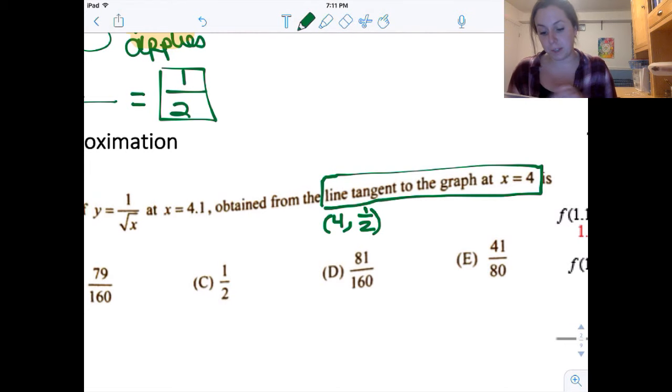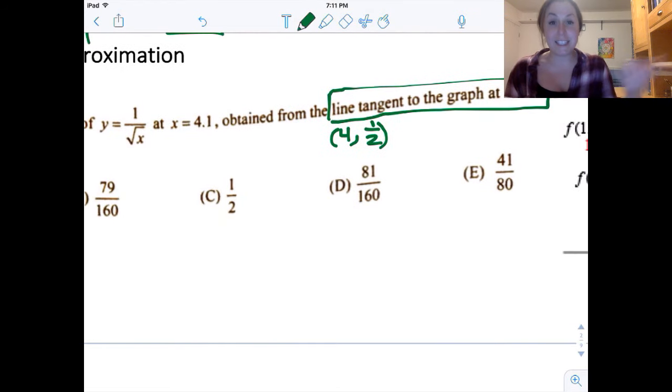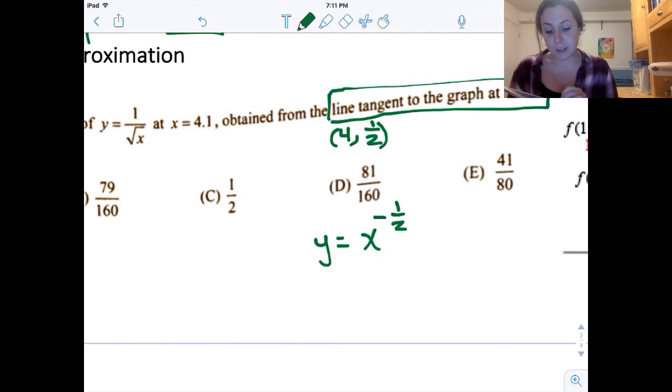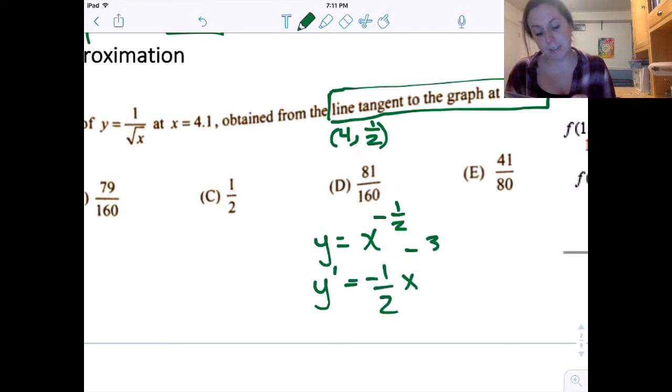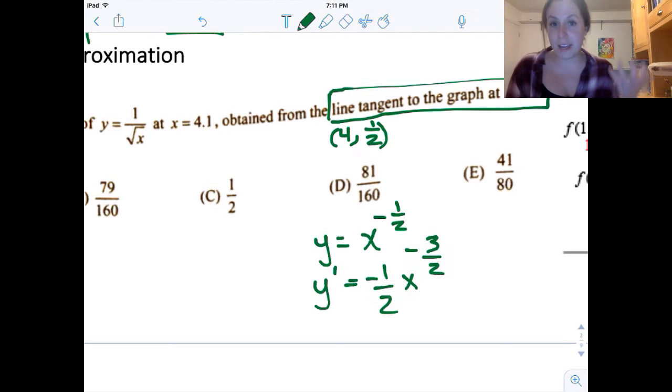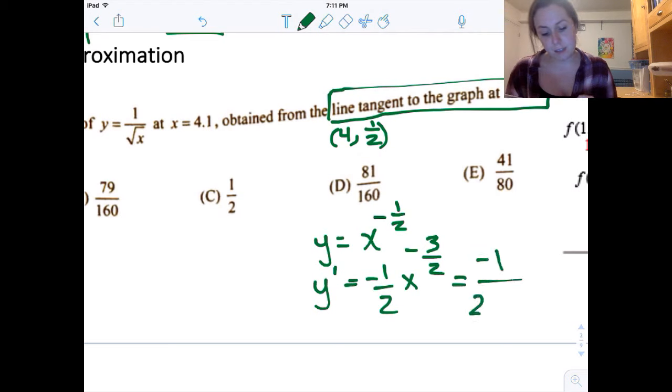To find the derivative, I'm going to take a second and rewrite that. So y is actually x to the negative 1/2. Take the derivative, so y prime is negative 1/2 x to the negative 3/2. It might help you here to rewrite this as a radical. The negative is going to flip it to the denominator.